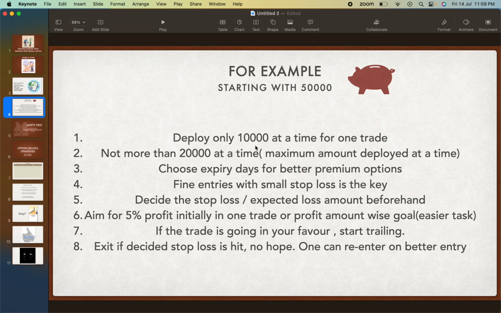Now, if you want to plan one trade of 10,000, what can you do? You can choose expiry days for better premium. You know that Bank Nifty, Nifty, and even Fin Nifty, especially during the expiry days. Now there are three expiries lined up. Fin Nifty expiry happens on Tuesday.